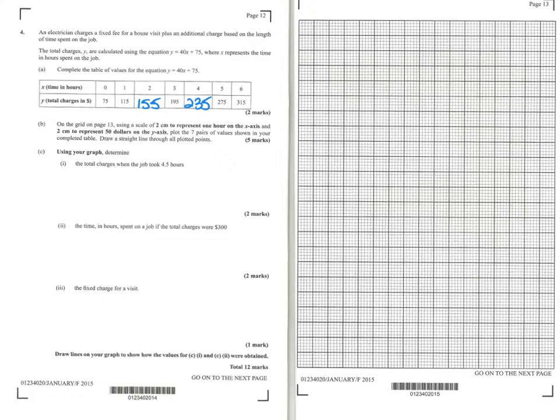So we will draw a line to represent our x-axis, and we will draw a line to represent our y-axis. And we will use the scale that they have given to us.